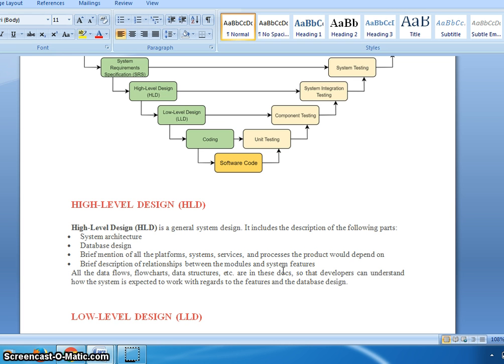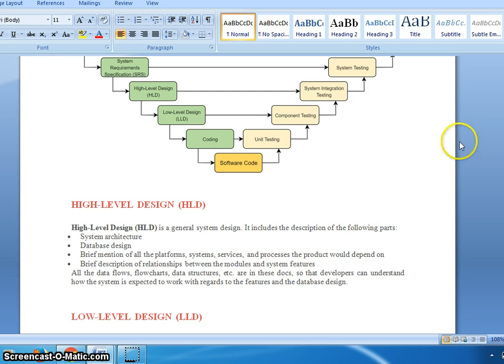High level design is a general system design, and it includes the description of the following parts: the description of the software architecture, the description of the database design, or a brief mention of all the platforms, system services, and processes the product would depend on. All these kinds of aspects come under high level design.